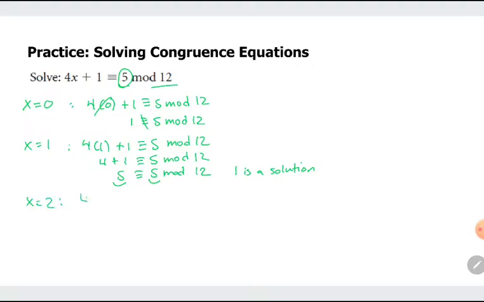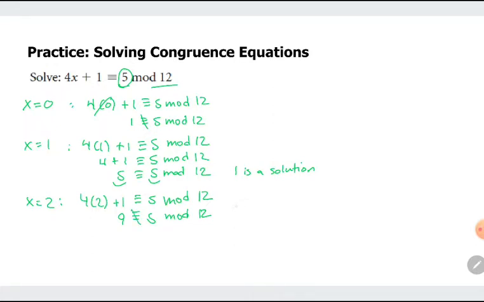X is 2. So 4 times 2 plus 1 is congruent to 5 modulo 12. Sorry. So 4 times 2 is 8 plus 1, 9 is congruent to 5 modulo 12. Let's verify. 9 divided by 12 cannot have a remainder of 5, the remainder is 9.